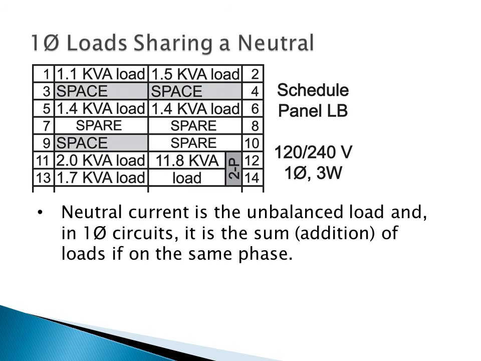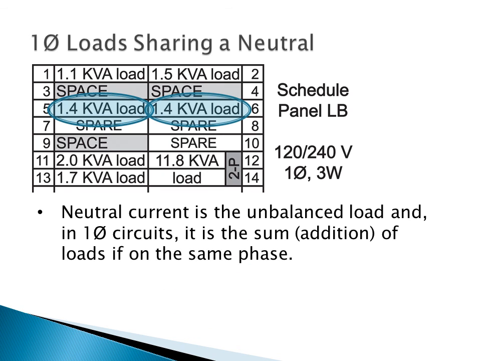When loads are on the same phase, which 5 and 6 are on the same phase in either a single phase panel or a 3-phase panel, it doesn't matter, 5 and 6 are on the same phase. The neutral currents add. So there's our 1.4 kVA load, 1.4 kVA load.